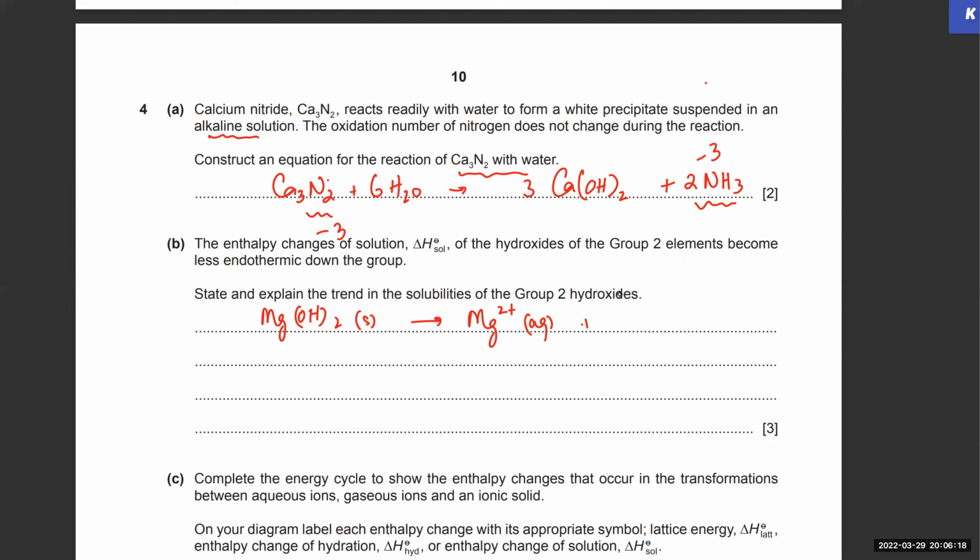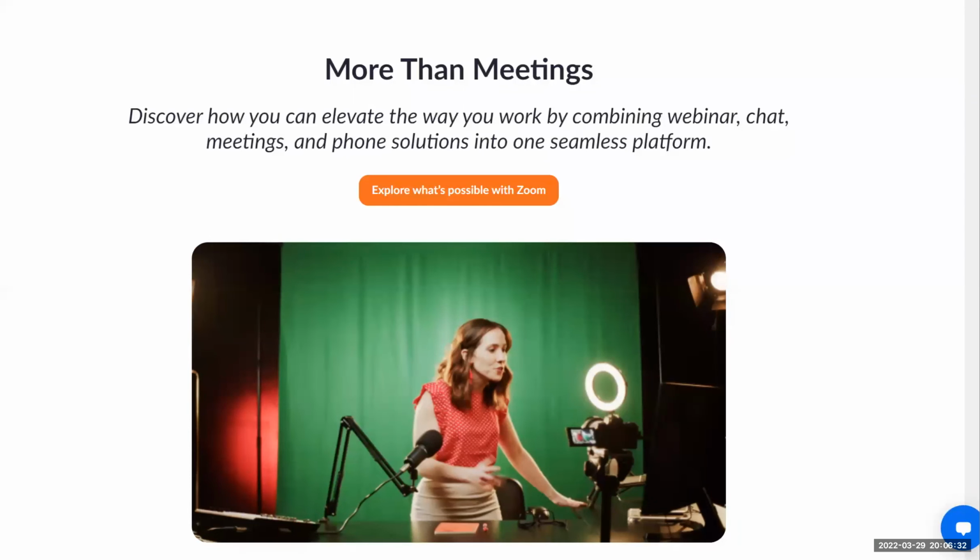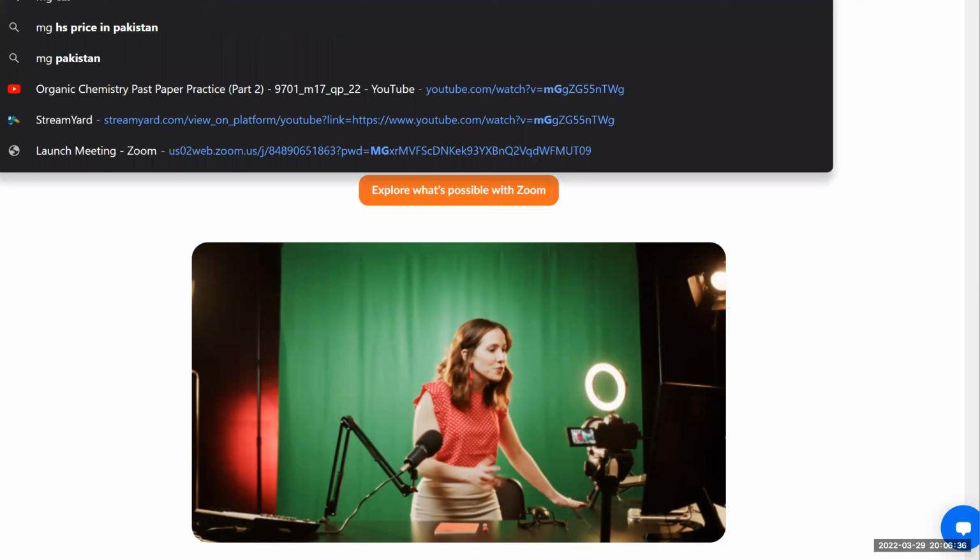If you want to dissolve a hydroxide, the ions must dissociate and they should turn aqueous. They should get scattered in water. An ionic lattice would break and two things would happen.